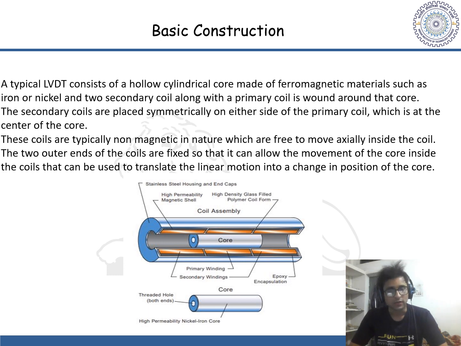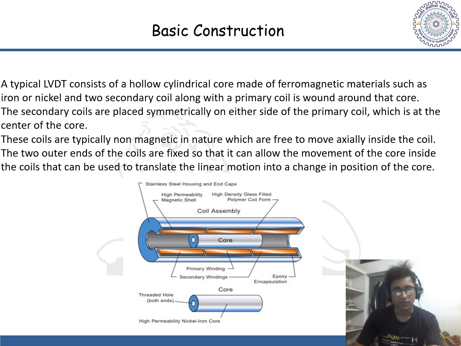The outer two ends of the coils are fixed so that the core can move inside the coil, translating the linear motion into a change in the position of the core. So we have to fix the two secondary coils at the ends of the transducer to maintain the rigidity of the system and to freely move the iron rod within the hollow cylinder made by them.